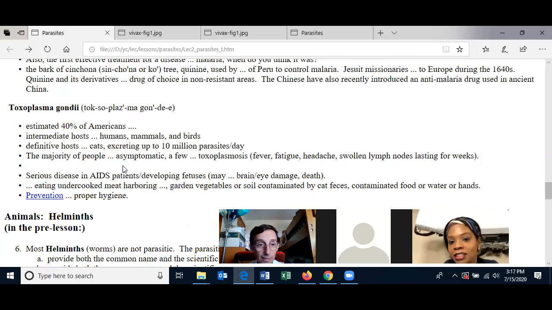And I don't have this in here, but of American cats, if you have a cat that goes outside, about 85% of them have this parasite. If you have a cat that is totally indoors, about 50% of the cats have the parasite Toxoplasma gondii. So that means a lot of cats have this parasite.